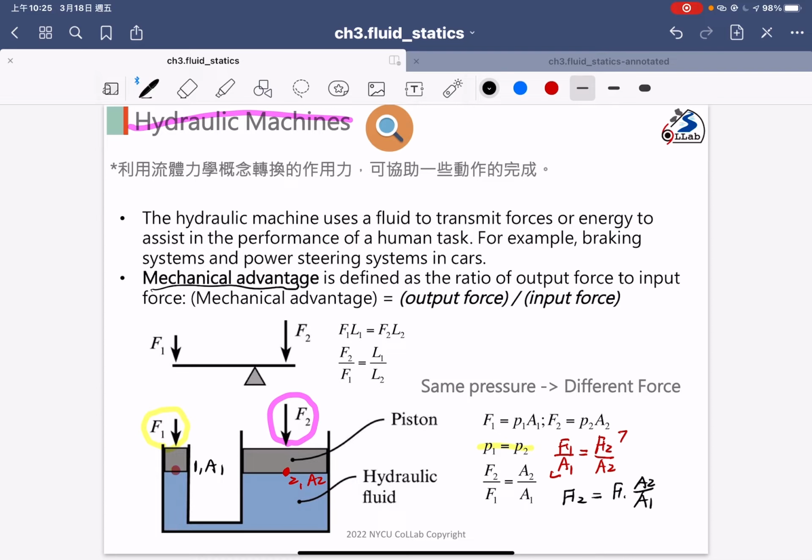And sometimes A2 is larger than A1, so the ratio here is larger than 1. So you can provide a small F1 force, and then the output force F2 is larger. This behavior is similar to a lever, right?